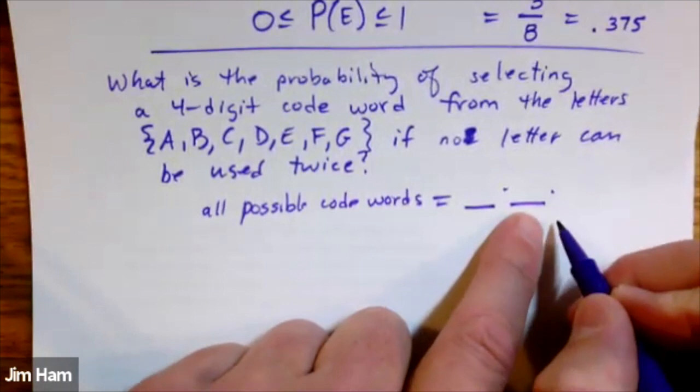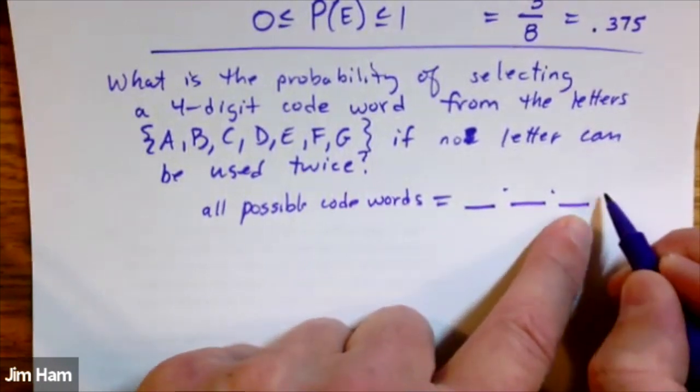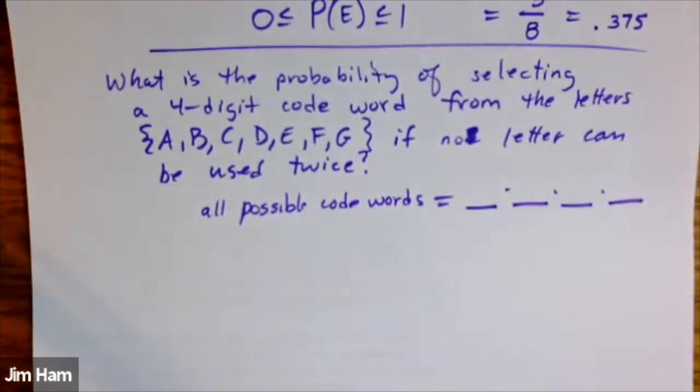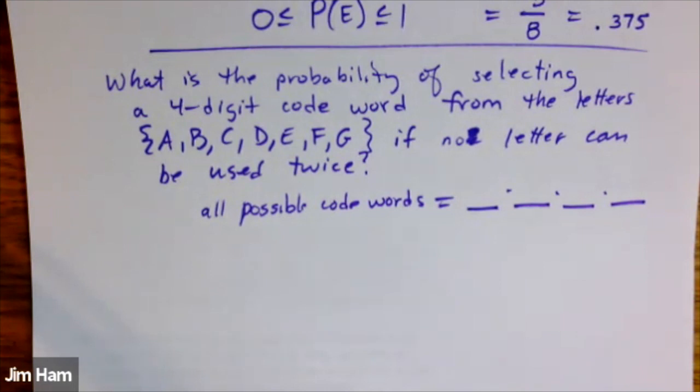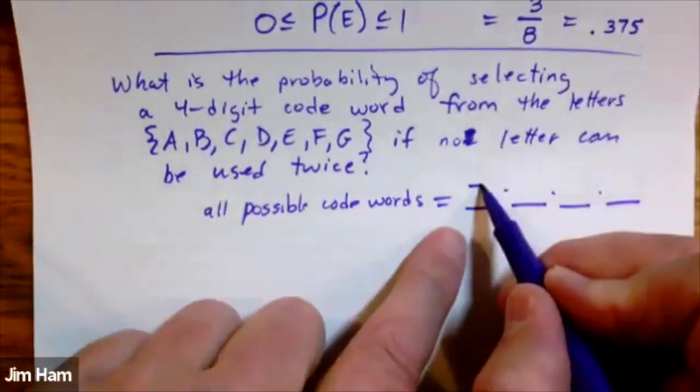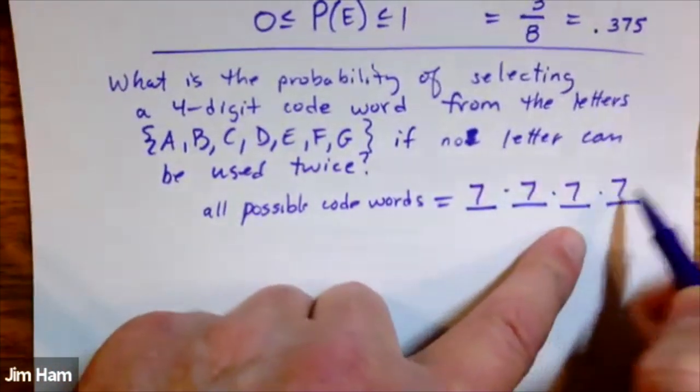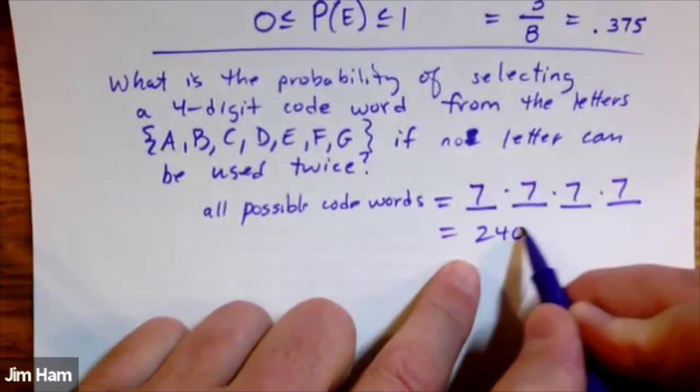The second letter can be any one of those 7 letters. That is, we will allow repeats. We will allow adjacent characters to be the same when we're counting up all of the possible code words. So since we have 7 letters to choose from in each case, we're going to have the 2401.